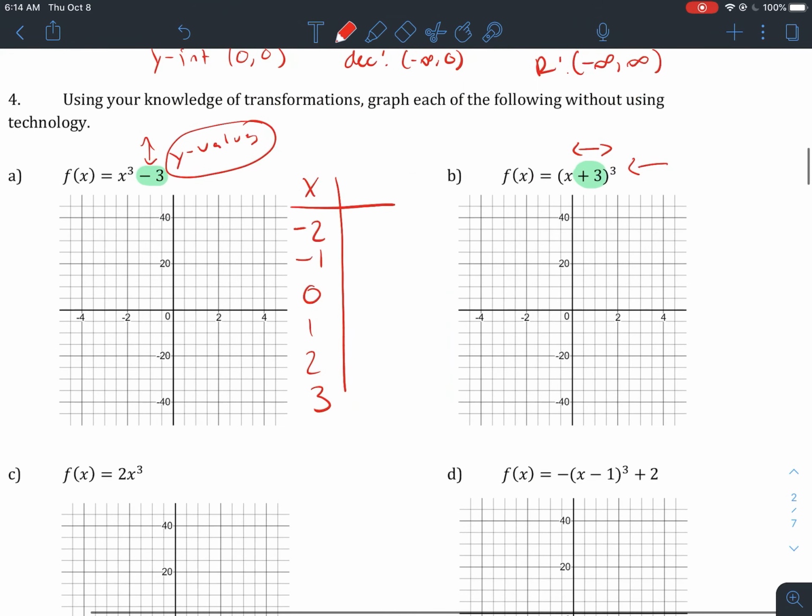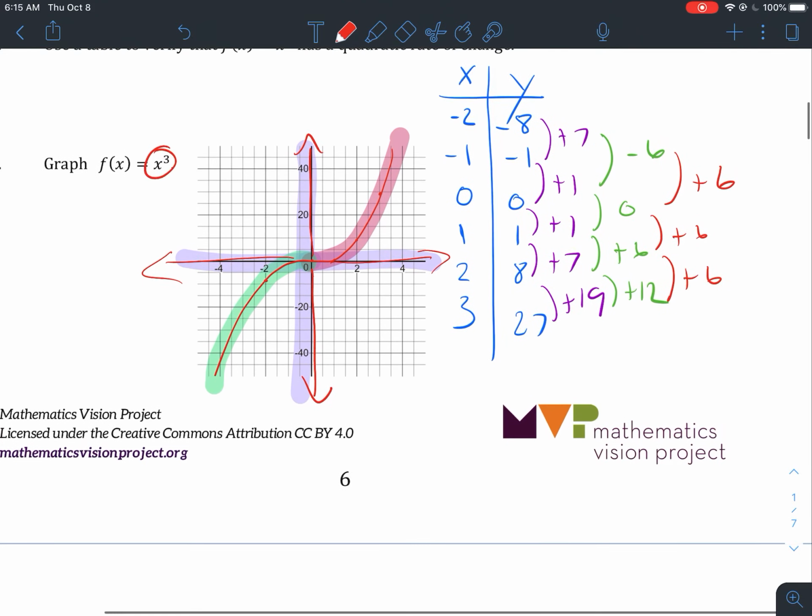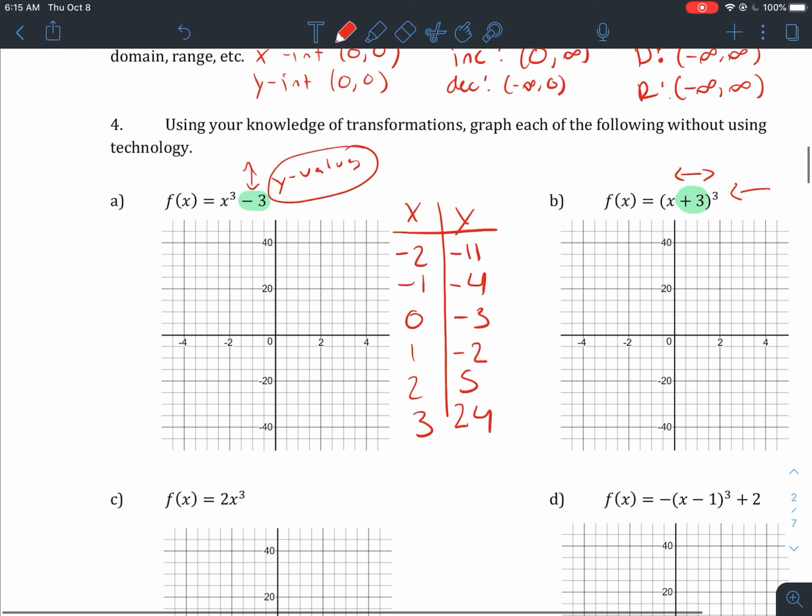We can just shift those each down by 3. So we get -11, -4, -3, -2, 5, and 24. So these are our new values.